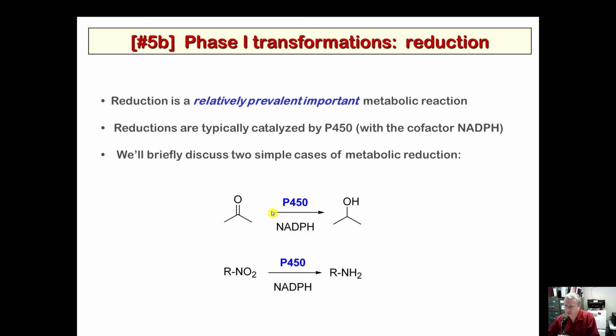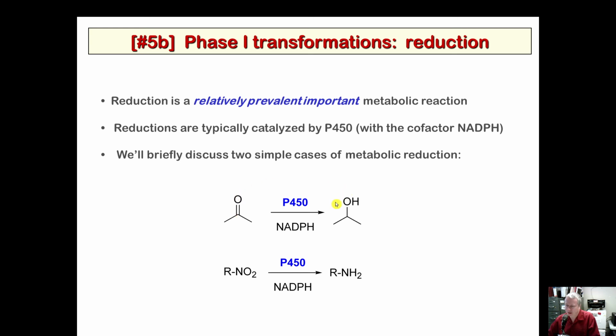A ketone can be reduced to an alcohol with cytochrome P450 and NADPH as a cofactor. How do you do this in the laboratory? If you're doing a reduction of a ketone in the laboratory, you use a hydride source like NaBH4, sodium borohydride.